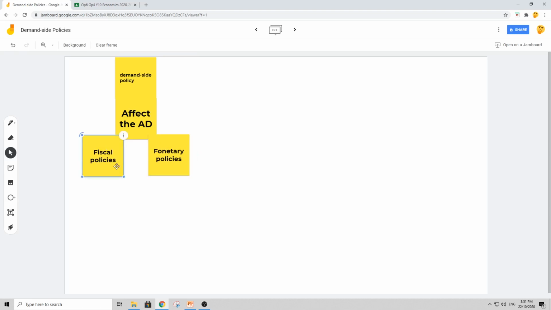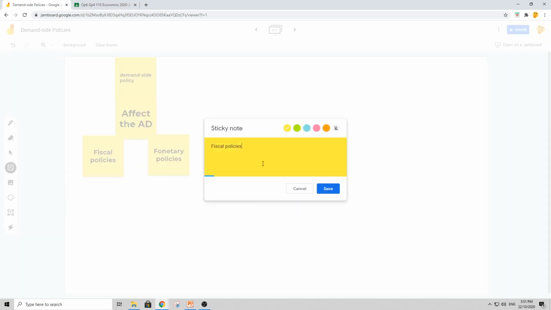So for fiscal policies, what are the two types of fiscal policies that we can use to affect the AD? Okay, expansionary fiscal policy and contractionary fiscal policy, right?